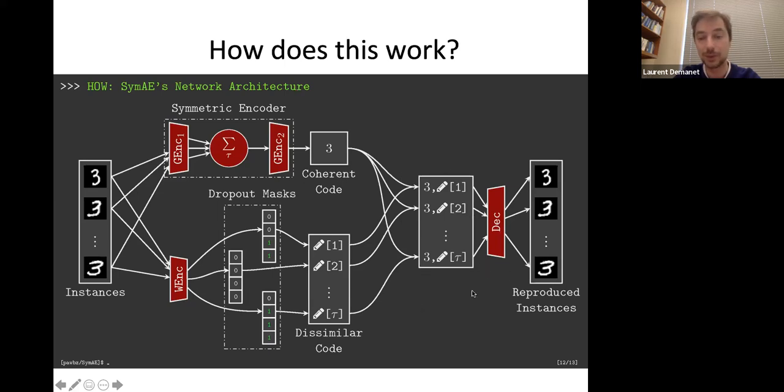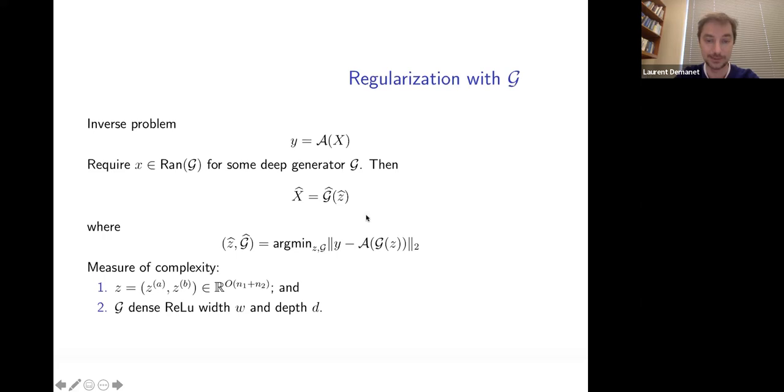And we need to determine both from the training set. So the maximum likelihood estimator here for Z and G, both of them at the same time, not just Z for fixed G, is for Z of the proper dimension and for G in a proper class of generative networks, minimize the least squares misfit.